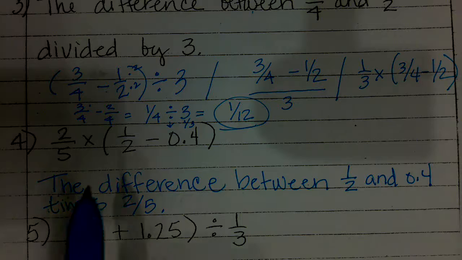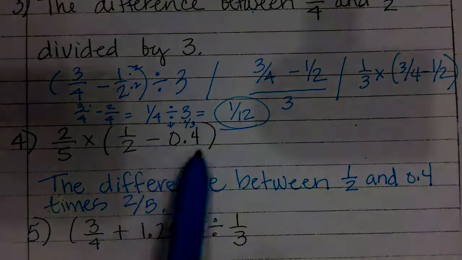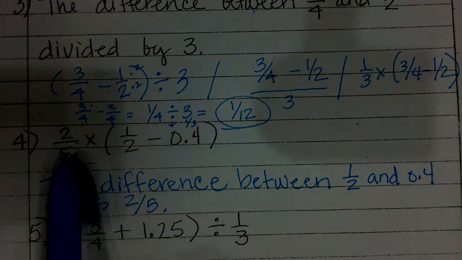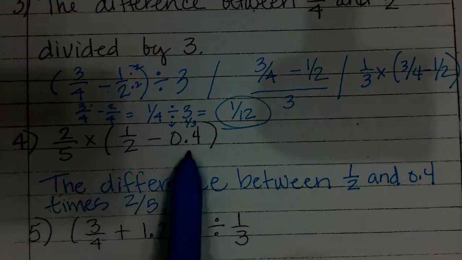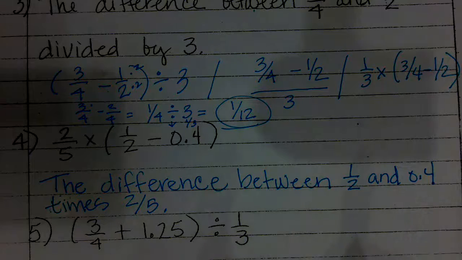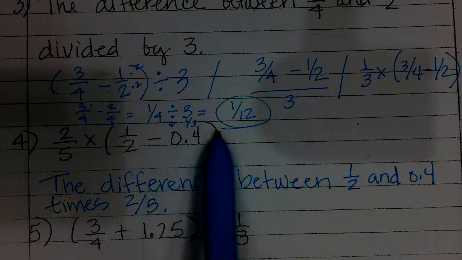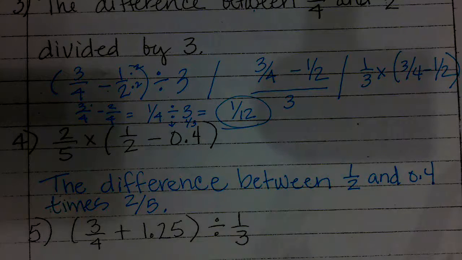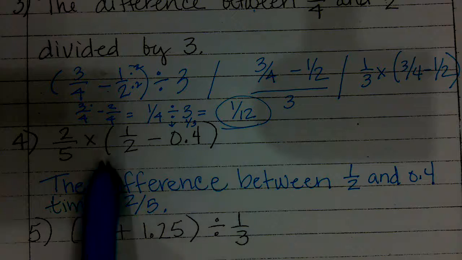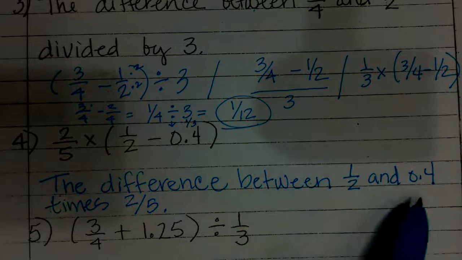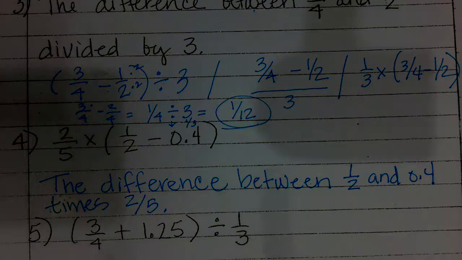That would be fine because you would be following the expression. You would just have to remember that you have to do the parentheses first. So 2/5 times the difference between 1/2 and 0.4 would totally work too.